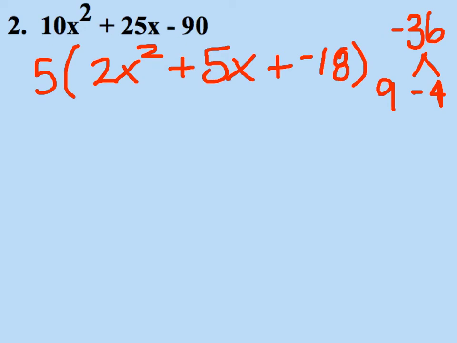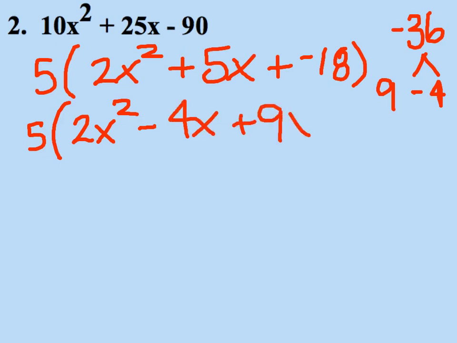So now I'm going to factor this using the grouping method. I'm not going to forget about the 5. I'm going to rewrite it out here, but it's not mathematically going to do a whole lot for my problem, other than I'm just going to have to remember to keep writing it. So to factor using grouping, I rewrite my original problem here. Instead of writing 5x, I'm going to put minus 4x plus 9x plus negative 18.